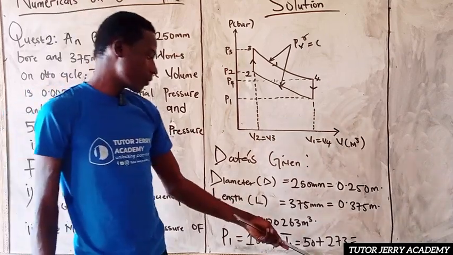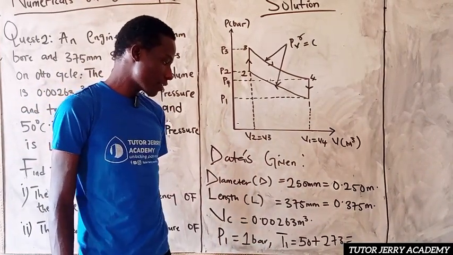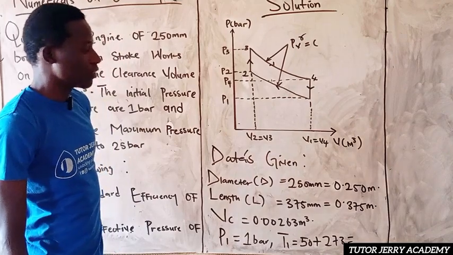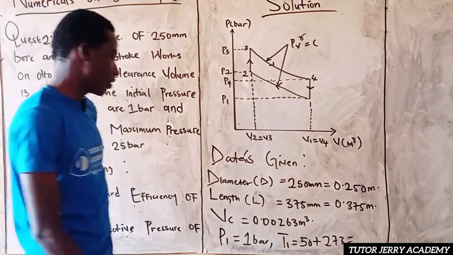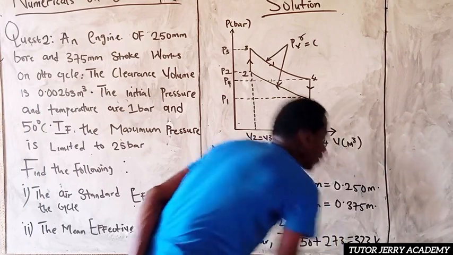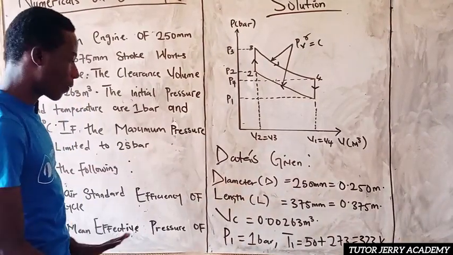If we add 50 plus 273, we get 323 Kelvin. Okay, our parameters are complete.